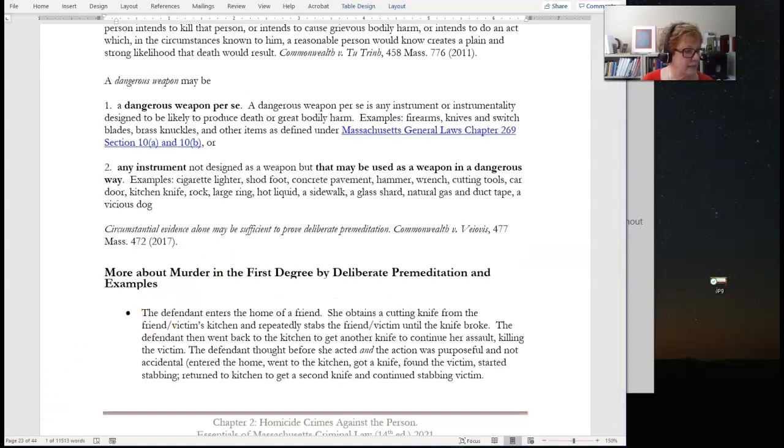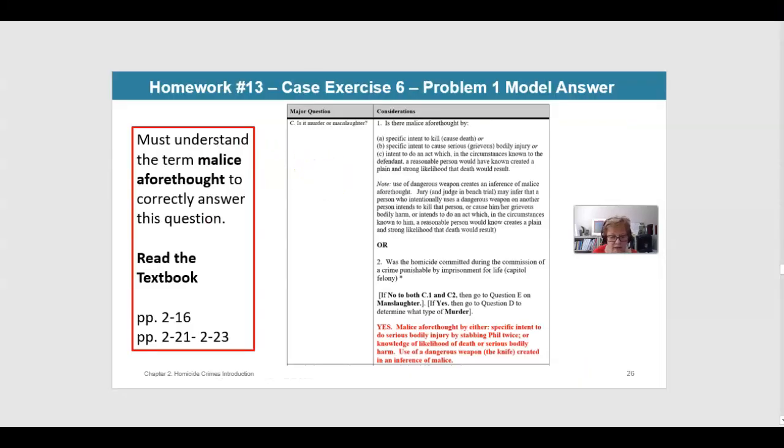that covers malice aforethought. So, having determined that there is malice aforethought by either specific intent to kill, stated in the facts, Pat intended to kill Phil, or specific intent to do serious bodily injury, supported by the fact that she stabbed him twice, or the third way to prove malice, is that the defendant, in this case Pat, acted with knowledge of the likelihood of death or serious bodily harm, and in fact the use of a dangerous weapon, in this case a knife, creates the inference of malice, and that is all explained in the textbook on the pages that are noted here.